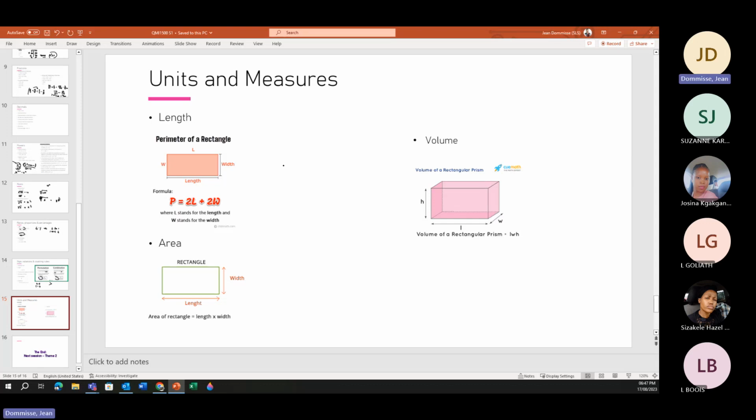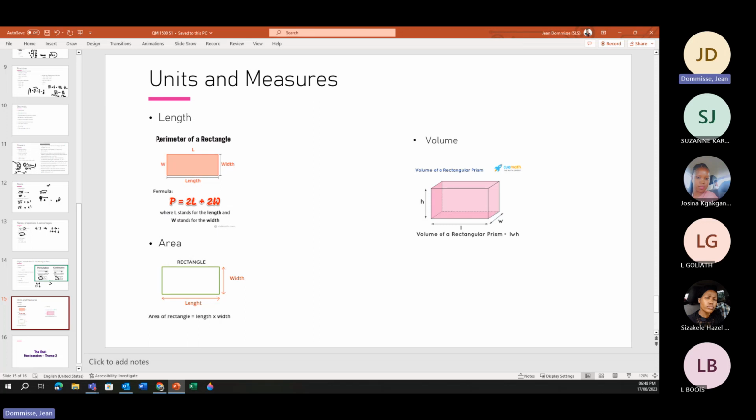When you get to that final assessment, which is about 20% of your mark, they will again ask you specifically about the units and the measures. So this will be part of that final assignment as well. So length, area, volume is very important.